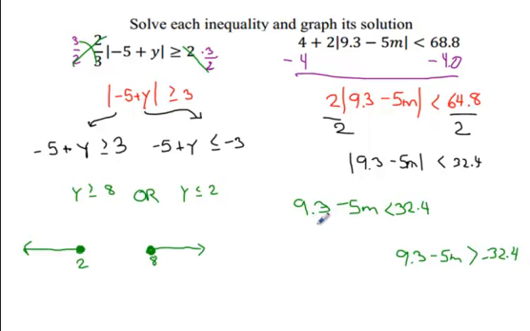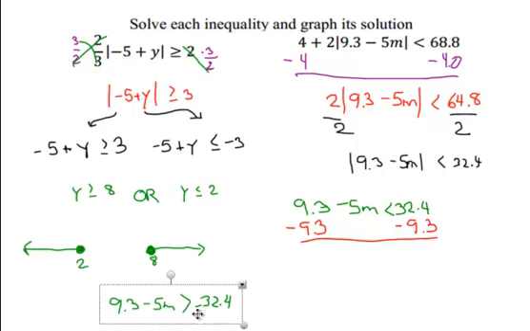Okay, now I've got to solve each of these. In both cases, I'm either going to be dividing by a negative or I could add the 5m to both sides. So I'm going to subtract 9.3 from both sides. I just moved that out of the way so I could finish writing this.